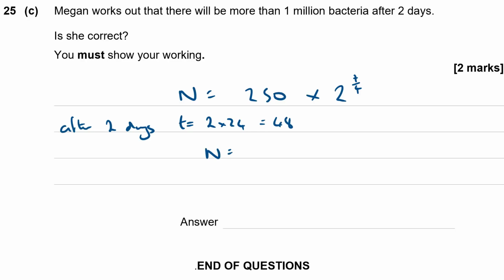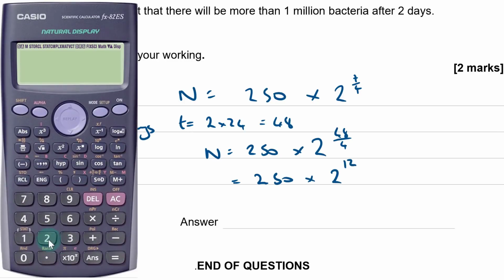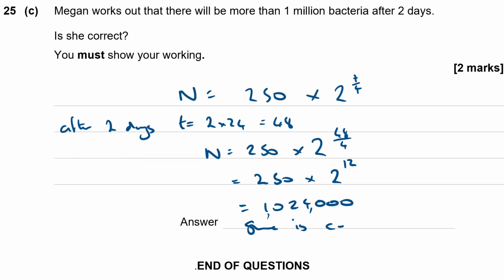So n then is going to be 250 times 2 to the power of 48 over 4, which is 250 times 2 to the power of 12. So 250 times 2 to the power of 12 is 1024000. So yeah, that is more than 1 million. So she is correct.